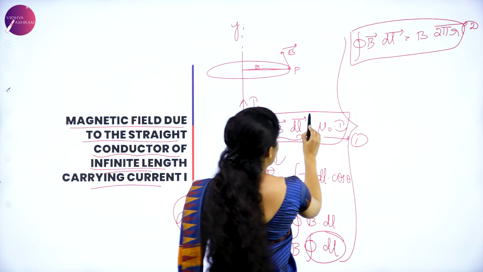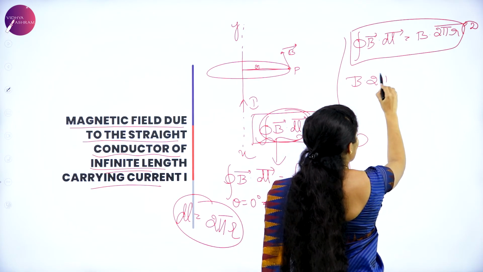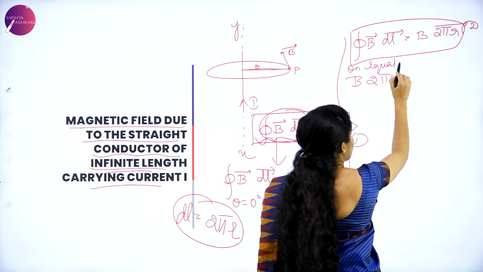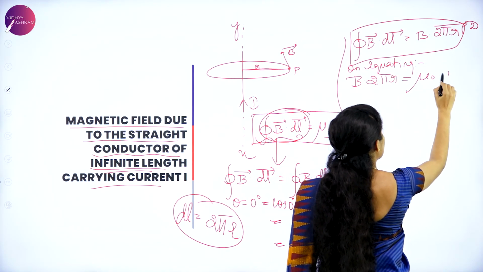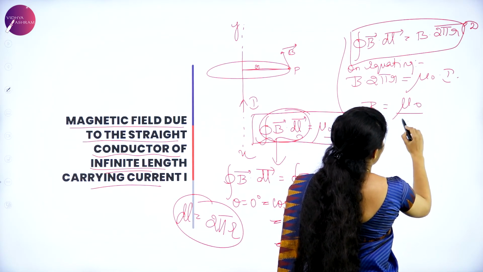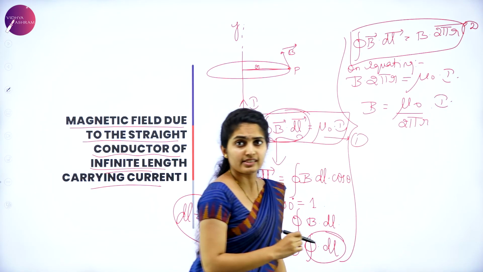Equating the left hand side, we have B into 2πr is equal to μ0 into I. So B is equal to μ0 by 2πr into I.